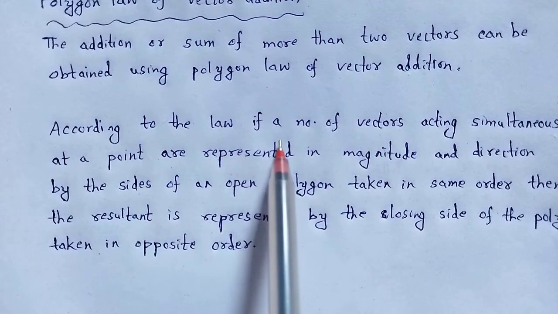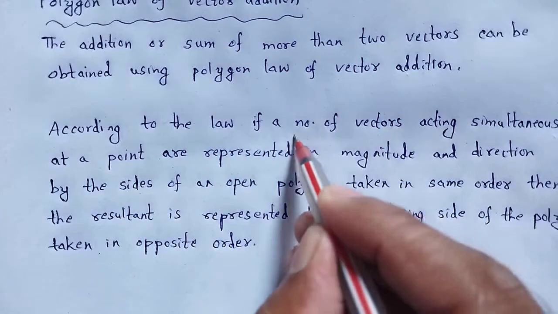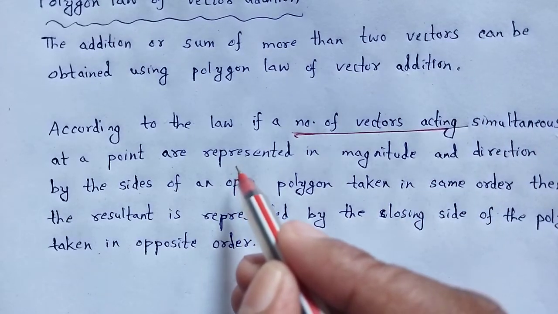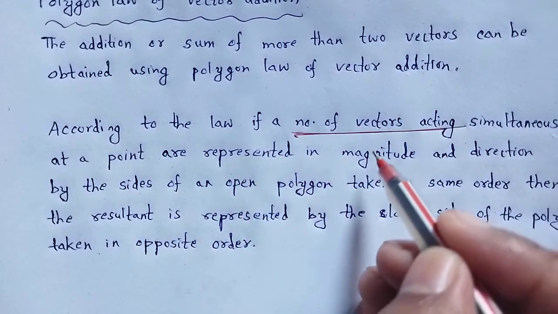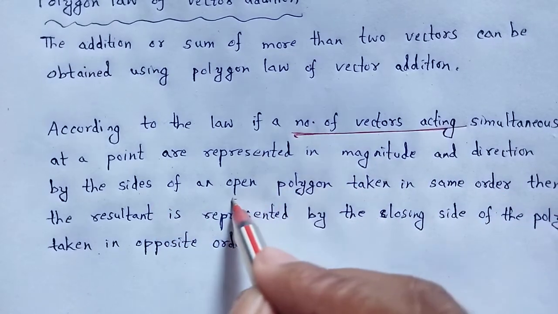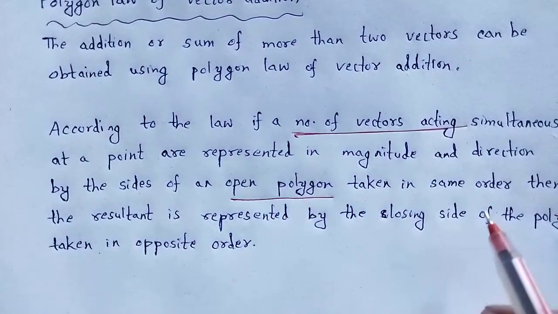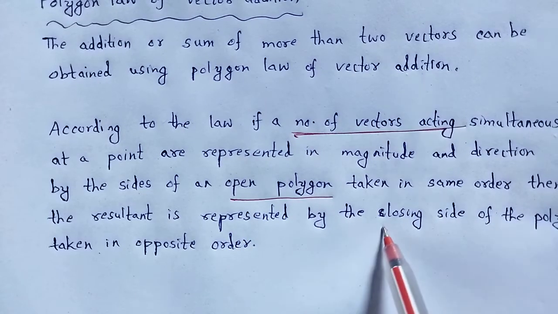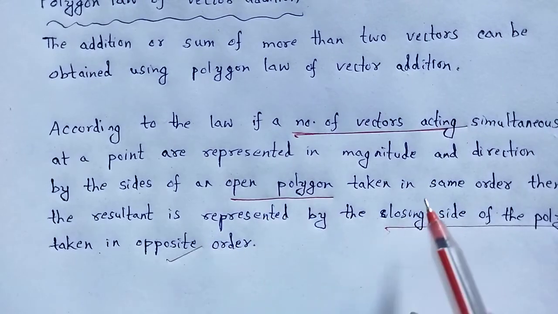According to the law, if a number of vectors acting simultaneously at a point are represented in magnitude and direction by the sides of an open polygon, taken in the same order, then the resultant is represented by the closing side of the polygon taken in the opposite order.